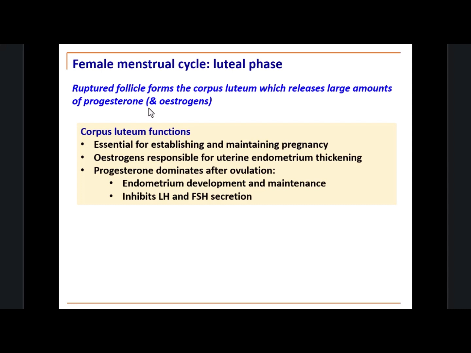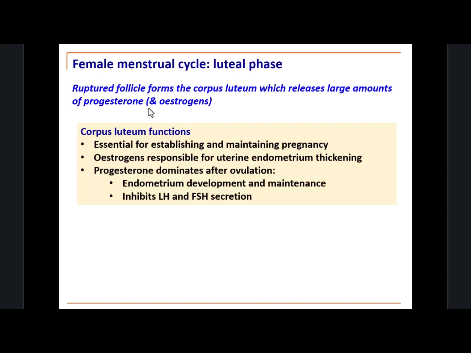So it's essential for establishing and maintaining a pregnancy because the estrogens, as we know, are responsible for thickening of the uterine endometrium, but progesterone is dominating after ovulation, and it's allowing further endometrium development and maintenance. But the key thing at this point is it is inhibiting LH and FSH.